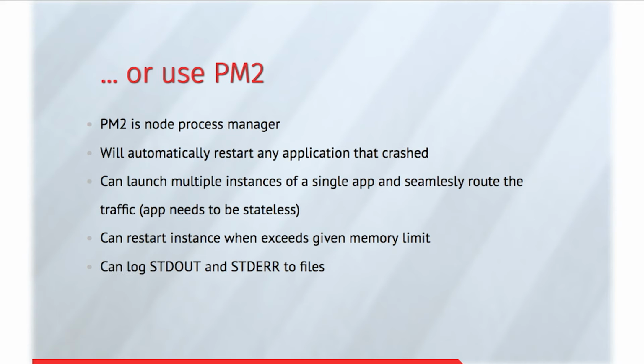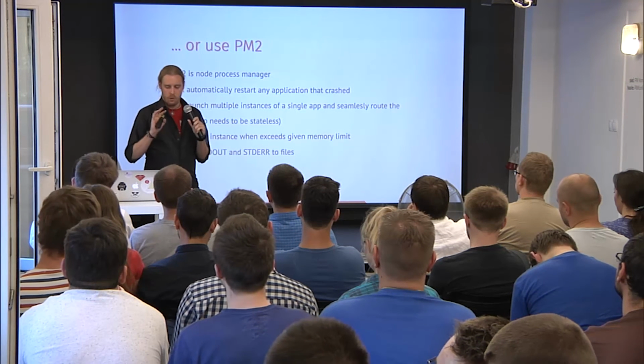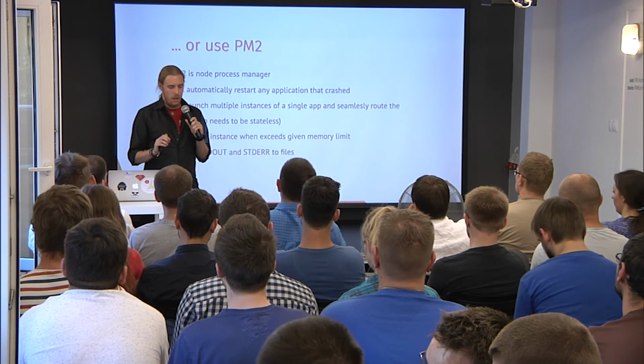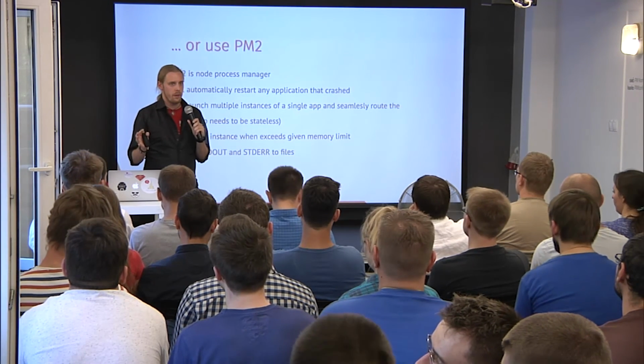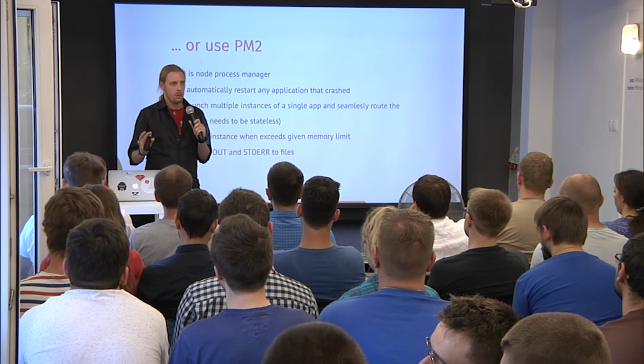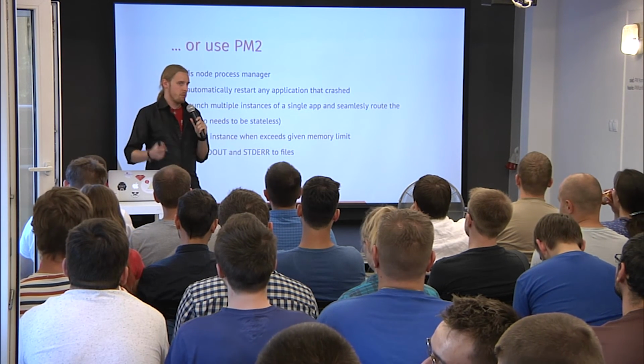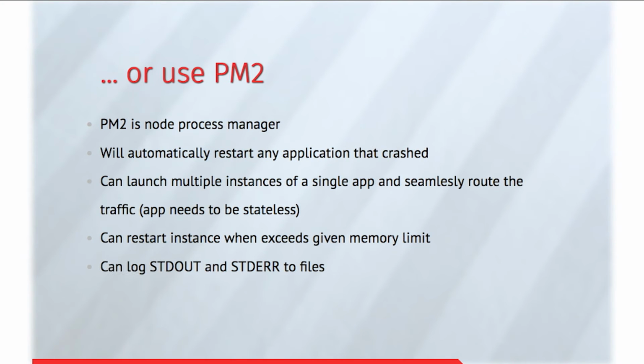So for example, I have a web server running on port 80, and I can launch 3 instances of that server, and I don't have to change anything in the code, because PM2 wraps my server and provides, for example, network interfaces in such a way that my application still thinks that it is running in a single instance on port 80, but in fact there are a couple of instances of my application running on different ports, but outside PM2 it's still one application running on port 80. So that's pretty cool.